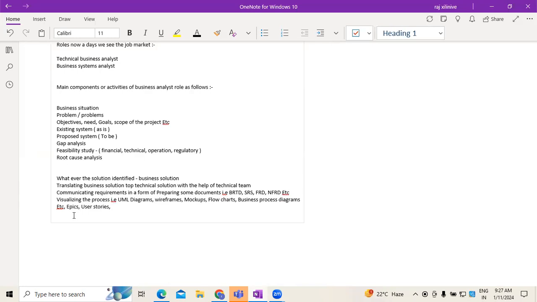At the same time, we create and maintain the product backlog, all these things using different tools like Jira, etc. So these are all things we do as a BA.